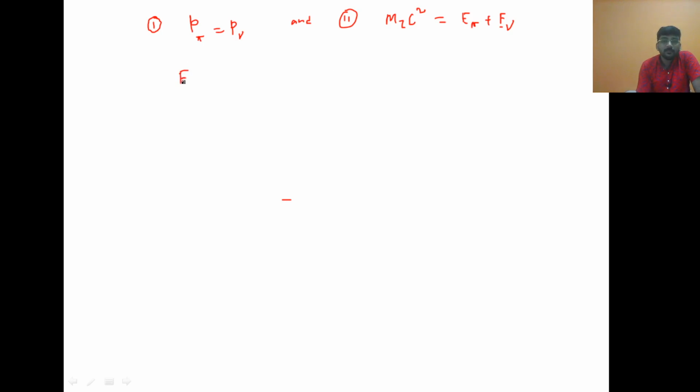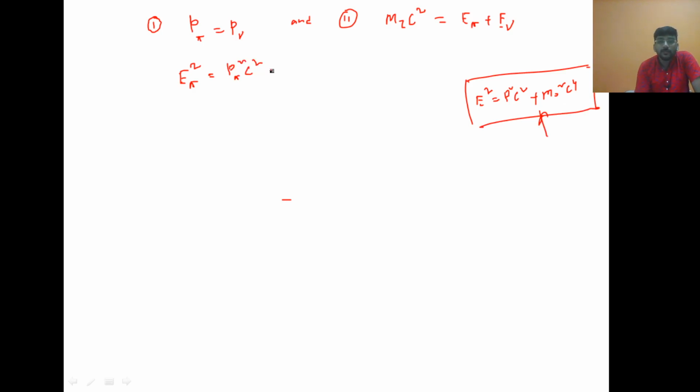E pi is the total relativistic energy. We know from the expression that E square is equal to P square c square plus m naught square c to the power 4. So E pi square is equal to P pi square c square plus m pi square c to the power 4, where m0 is the rest mass of pi.